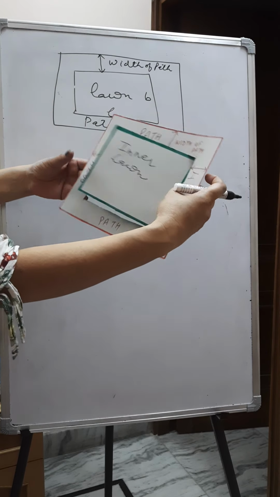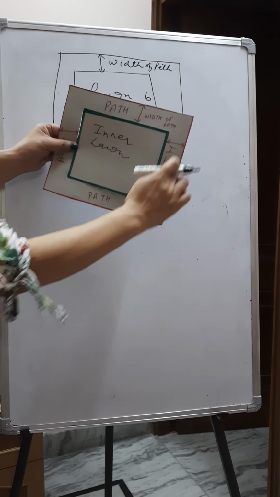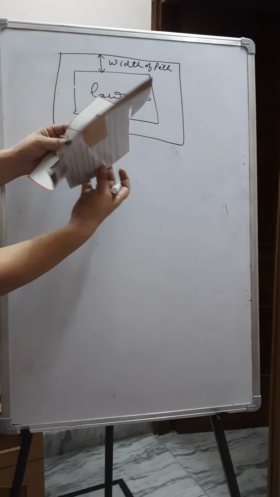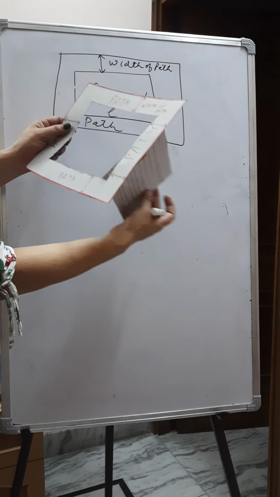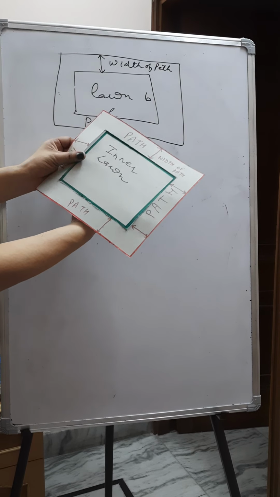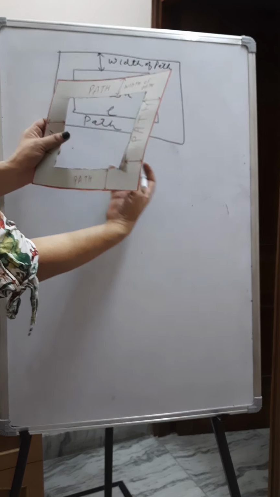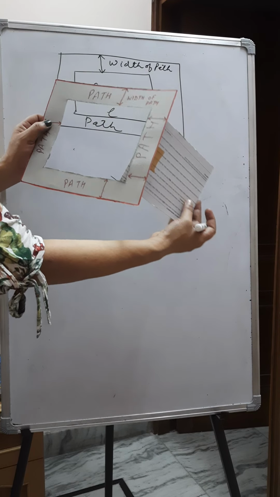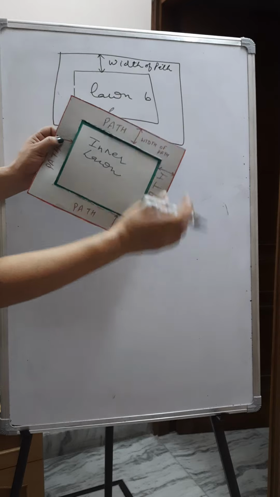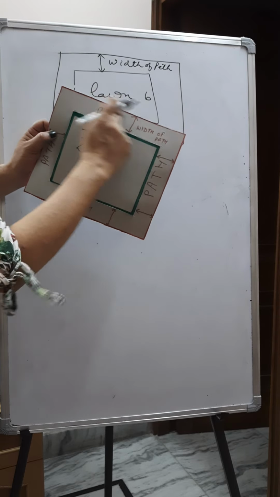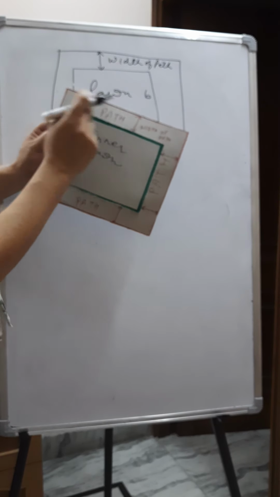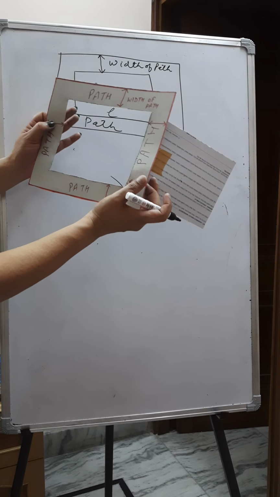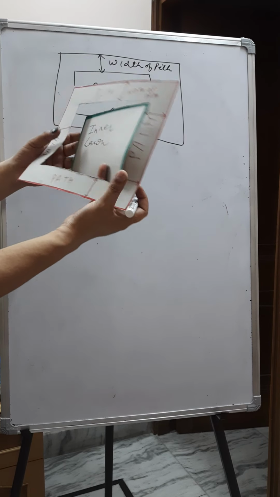From the full rectangle with the red boundary, I will subtract the area of the green rectangle, and you will get the area of the path. Area of outer rectangle minus area of inner rectangle is area of path. Follow my point?